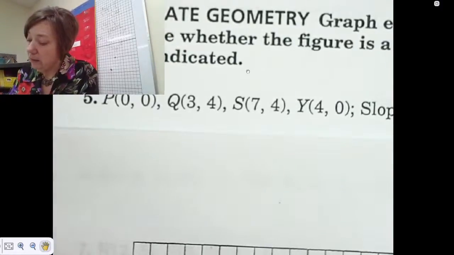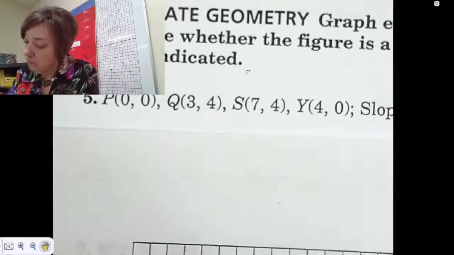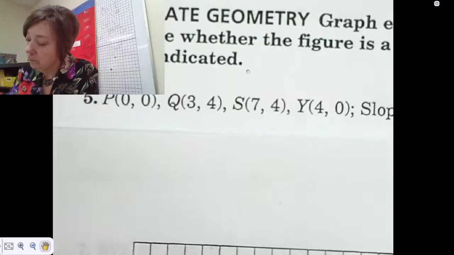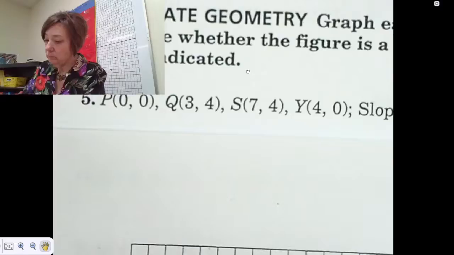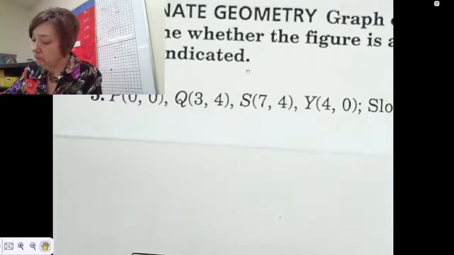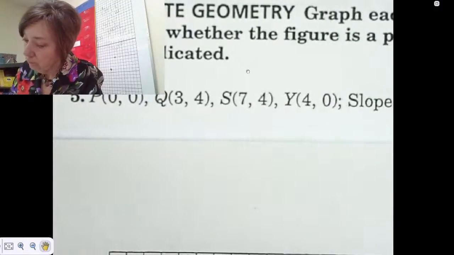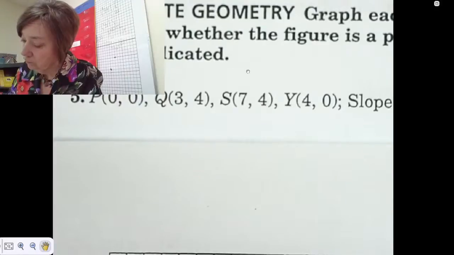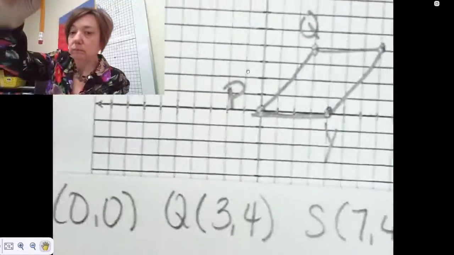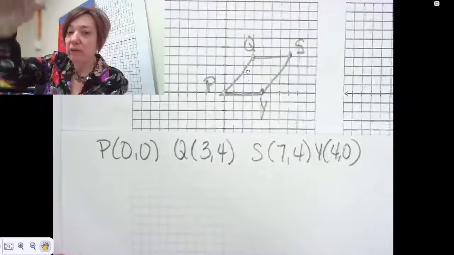And make sure you label them like P, Q, Okay, so this is what you should have. You got it on there?